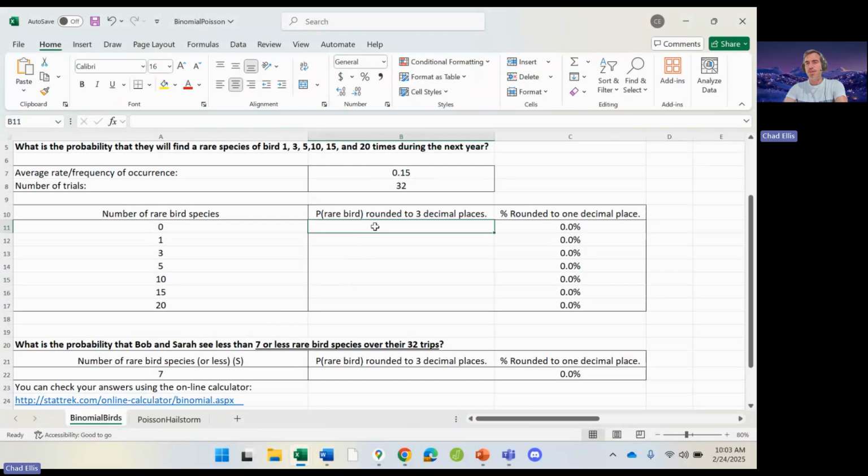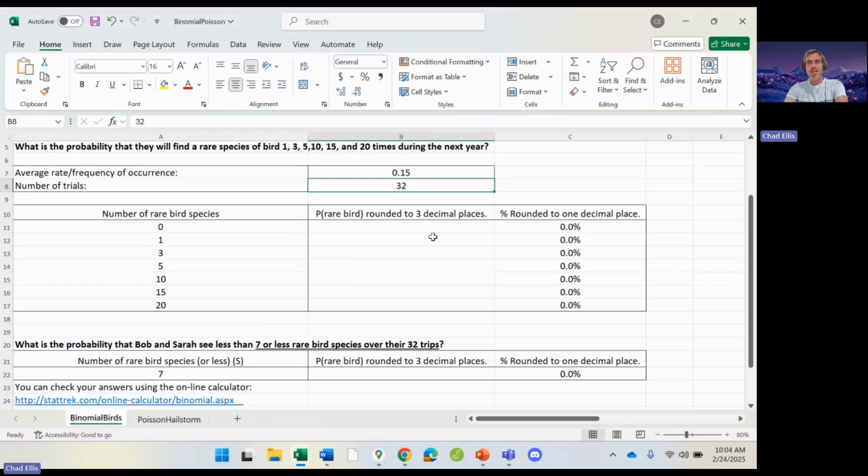Remember, a binomial probability distribution is one where there are only 2 outcomes: on or off, yes or no. In this case, the question is binomial because it's whether these ornithologists see a certain bird or not. It's given that the chance of success of them seeing this rare bird species is 0.15, and this year they are going out 32 times.